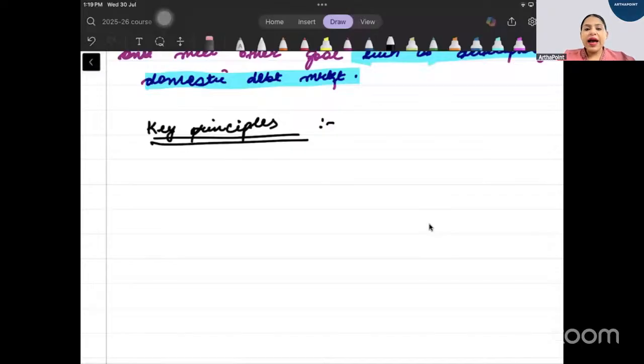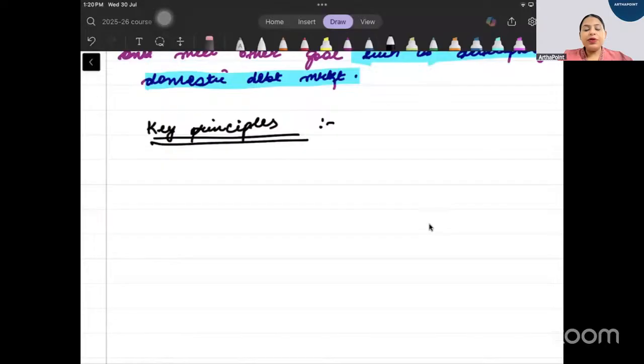So coordination with fiscal and monetary policy is also required, right? And at the same time, it is also important that we have institutional clarity. Because most of the time, the government is working with RBI to raise funds, to repay the funds. It is important that the government clearly tells RBI what it aims to achieve, right?